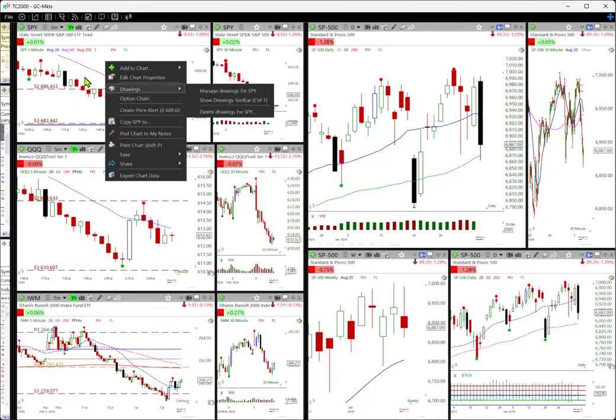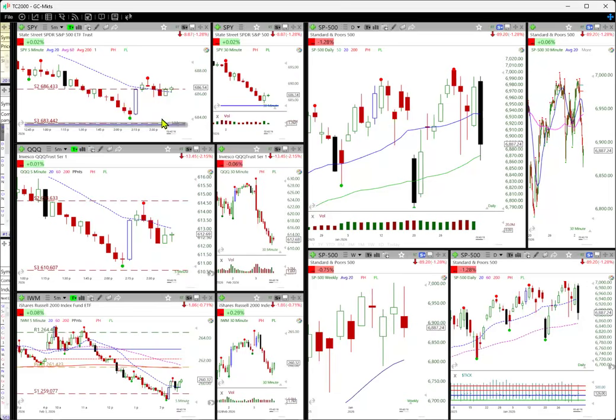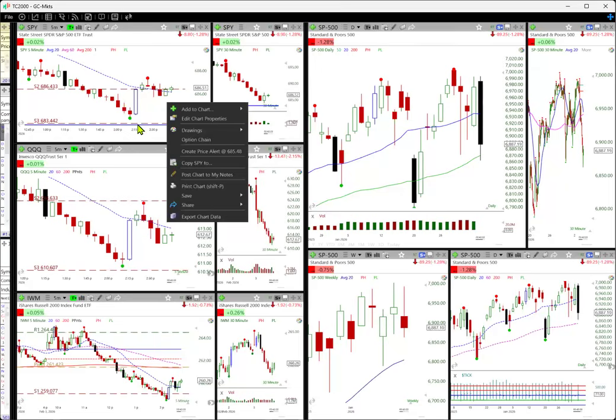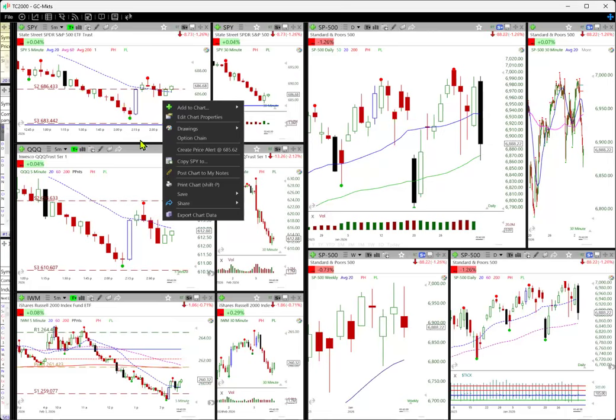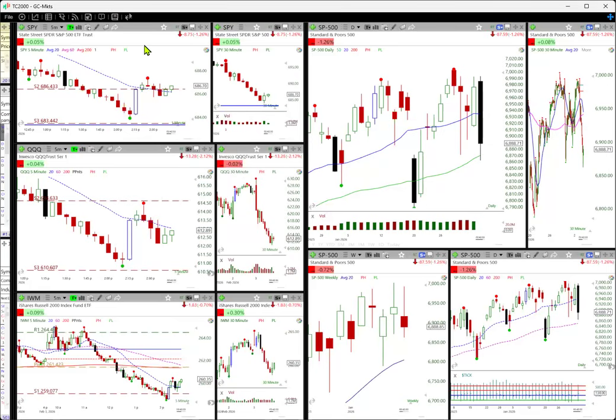I'm still searching for the box that allows me to make the numbers bigger. I haven't closed the SPXL. That's frustrating. Find this thing.